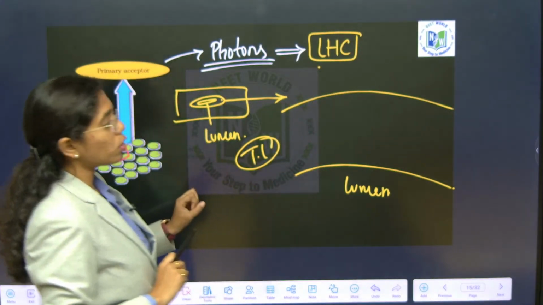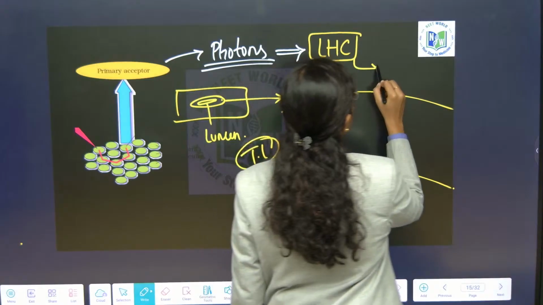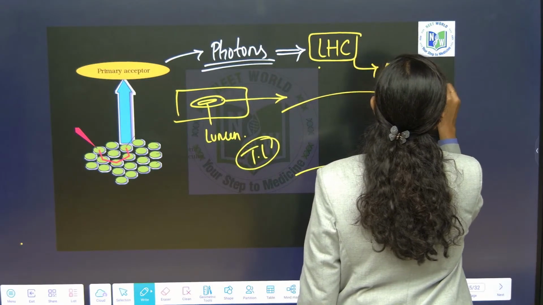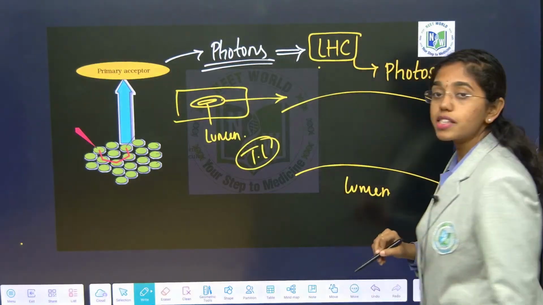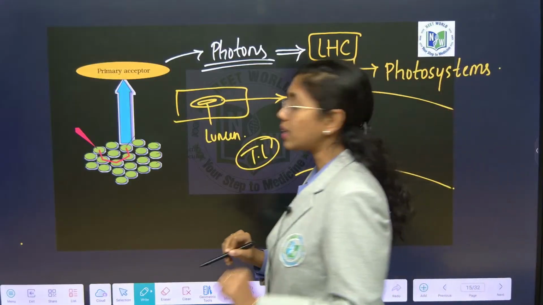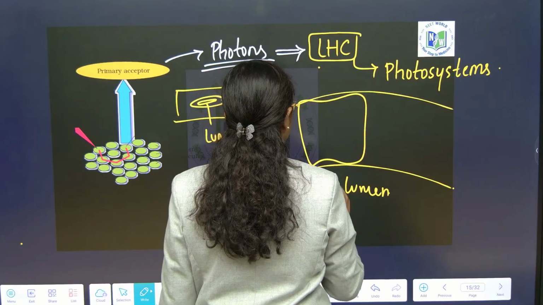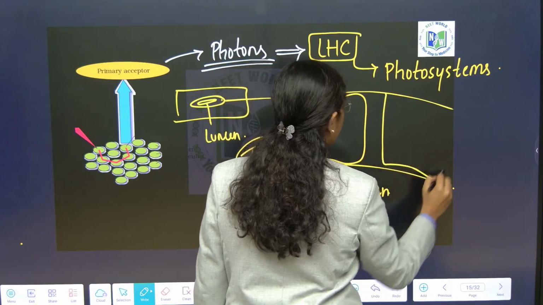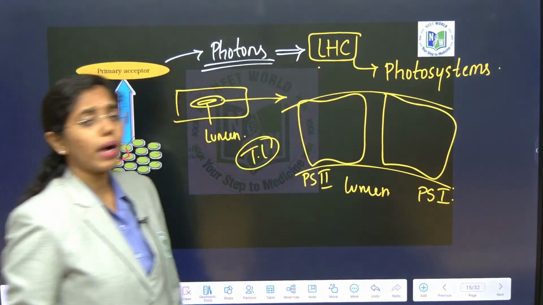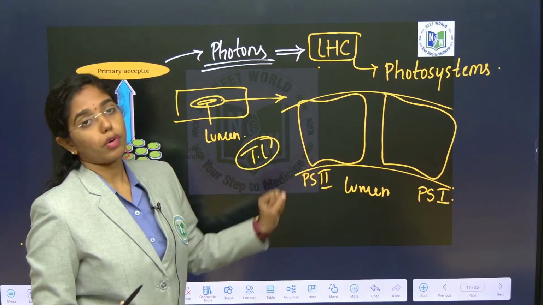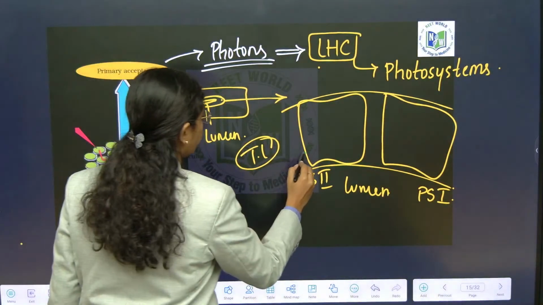In oxygenic photosynthesis, you can see two light harvesting complexes which are addressed as photosystems. Two photosystems are present inside the thylakoid lamellae: photosystem 2, which is PS2, and photosystem 1, that is PS1. Inside each photosystem, you have two types of pigments.